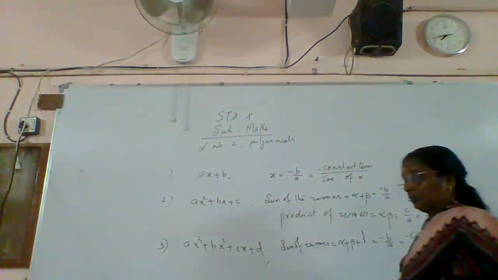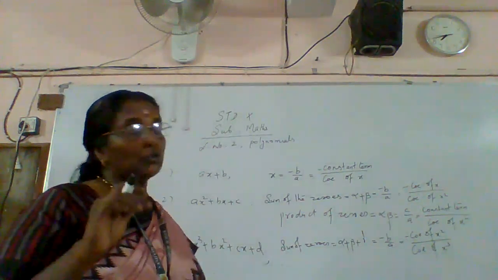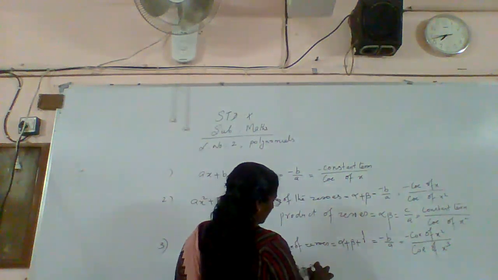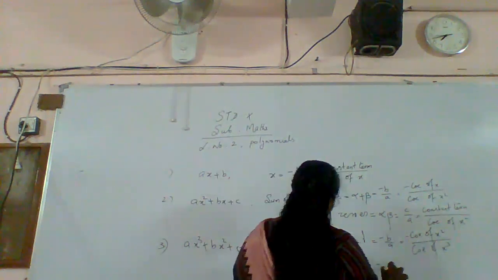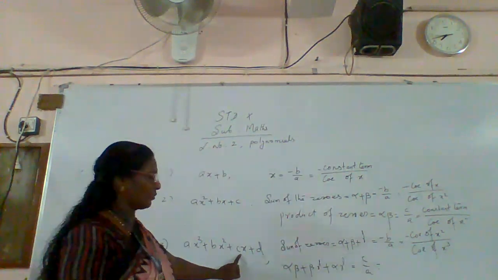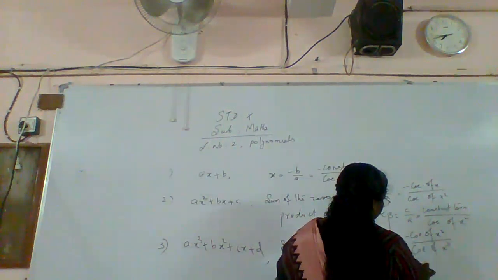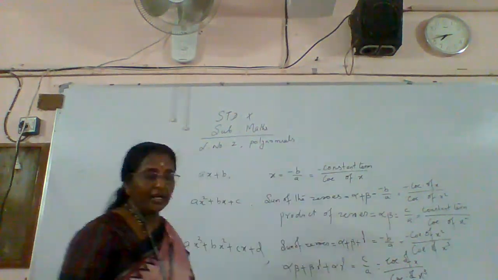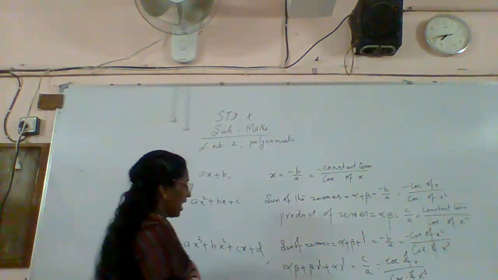Clear? Now, the sum of the zeros whose product is taken two at a time: alpha beta plus beta gamma plus alpha gamma is equal to c by a. What is c? The coefficient of x, divided by the coefficient of x cube. And the next term, we start with minus.